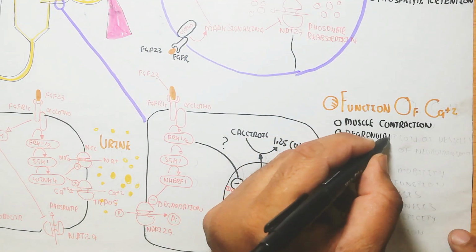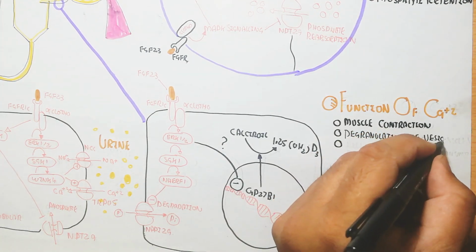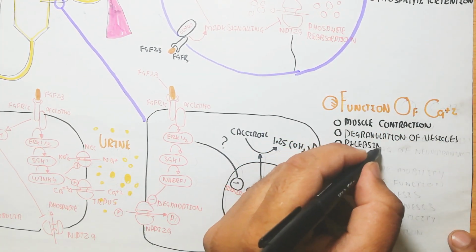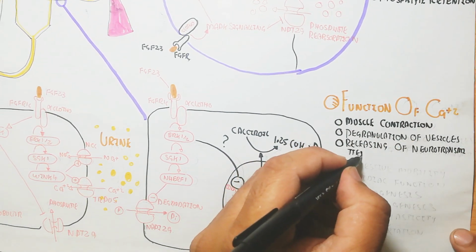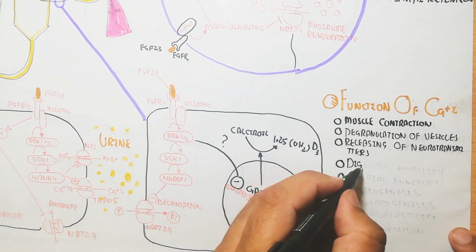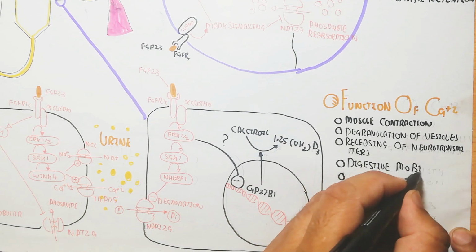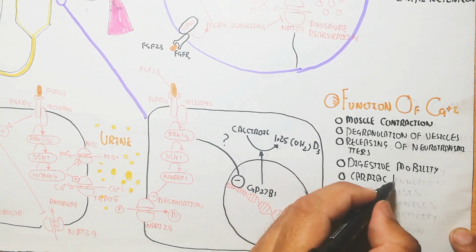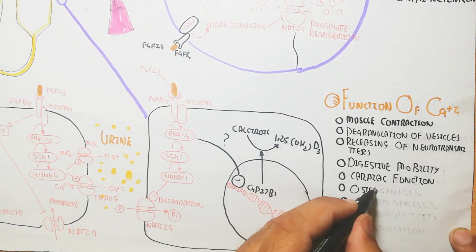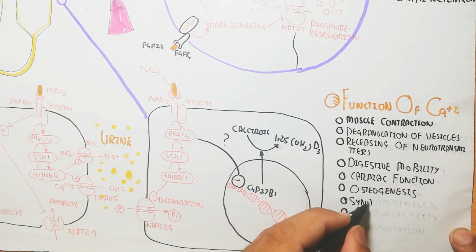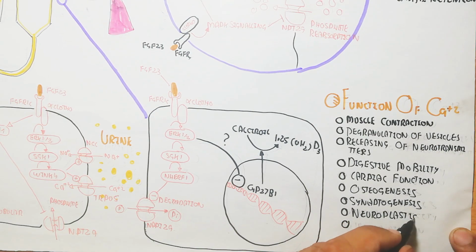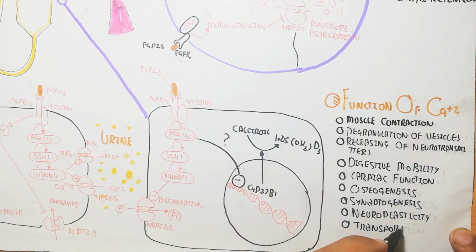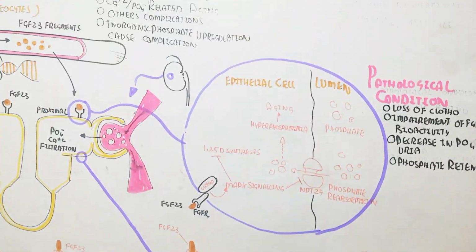Degranulation of vesicles and release of neurotransmitters are also important through calcium. Also digestive motility, cardiac function, osteogenesis, synaptogenesis, and neuroplasticity for cognition and normal function, and inhibition of Parkinson disease and Alzheimer disease. Transportation from one cell is important, for example the degranulation of insulin, glucagon and other hormones.